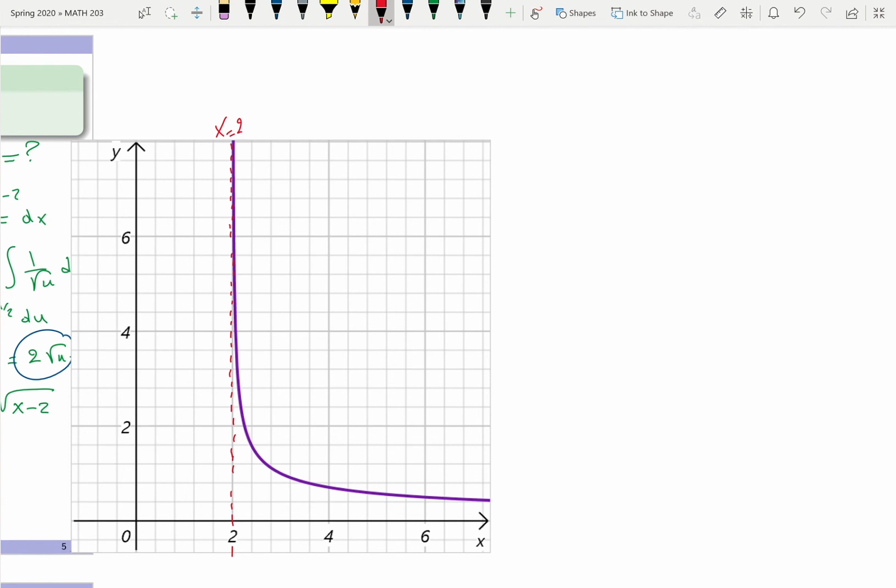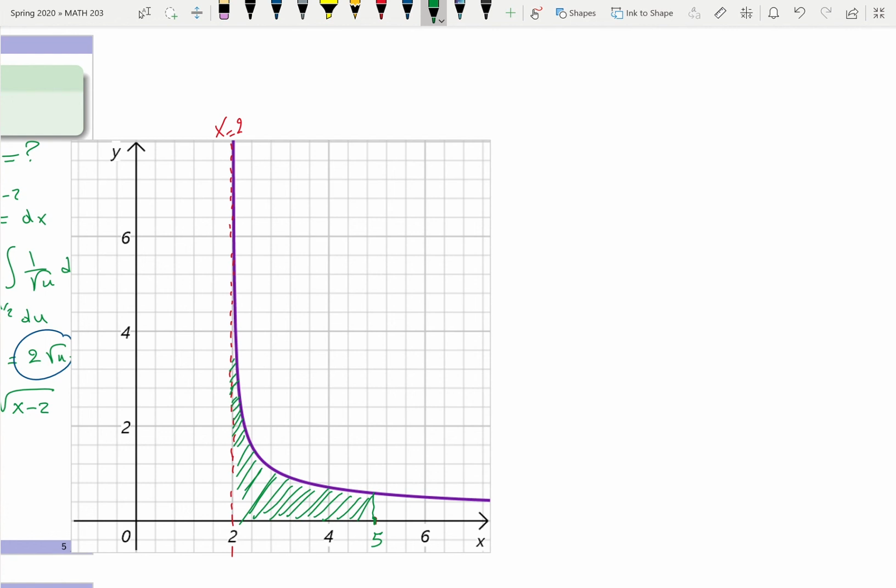So we were looking for the integral from 2 to 5. So let's say 5 is over here. So the integral from 2 to 5 is this area. Notice that this region is unbounded because it keeps going between the curve and x equal to 2.